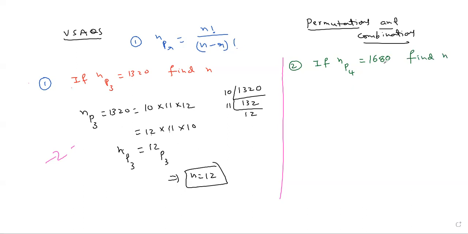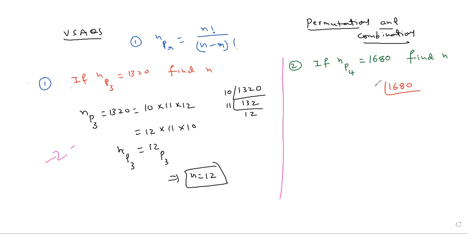Here you should write 1680 as a product of four numbers. 1680, make it a product of 4.